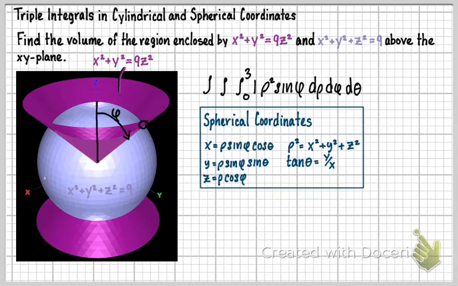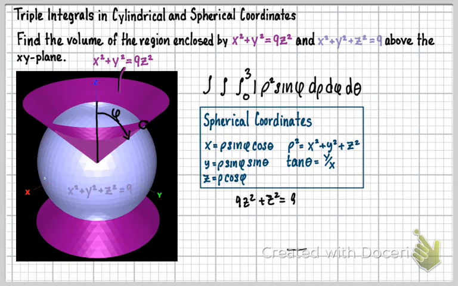To find out where they intersect, I have x squared plus y squared equals 9z squared. So in the sphere equation, all I have to do is plug in 9z squared for x squared and y squared, since they're equal from the first equation. So that's going to give me 9z squared plus z squared equals 9.